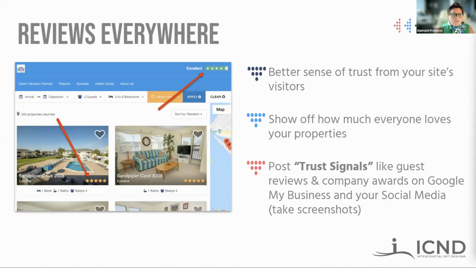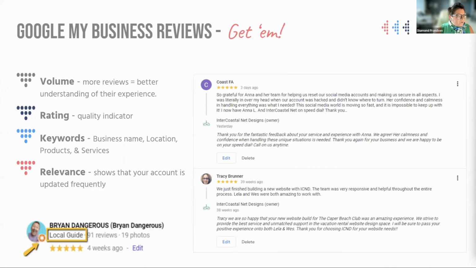Those positive reviews give you trust signals, like I mentioned before. It not only gives trust to the guest and Google, but goes back and forth between social media and your Google My Business. So it's everyone sharing those trust factors back and forth. All right, Google My Business reviews, go get them.